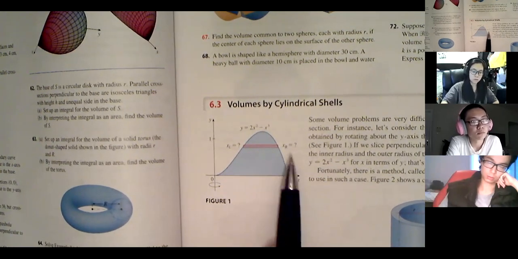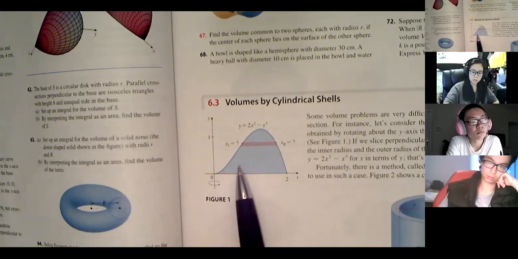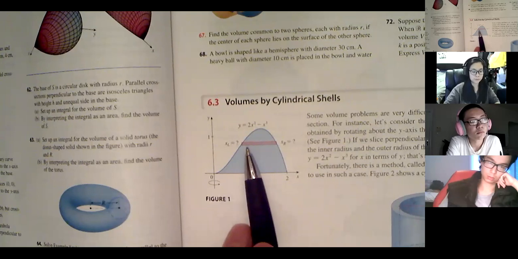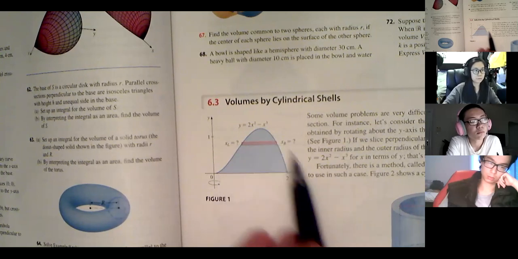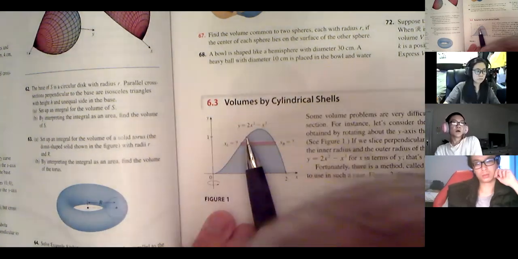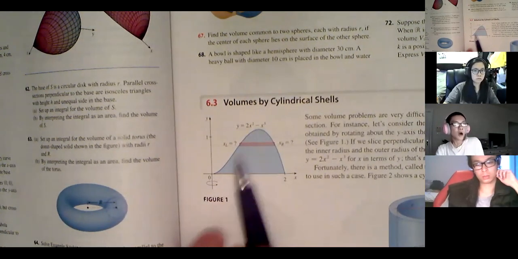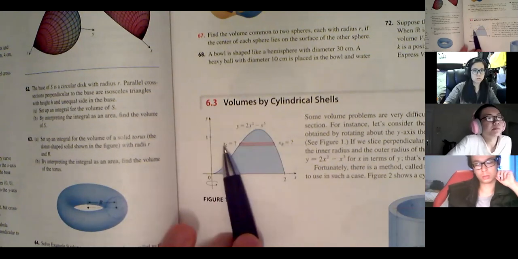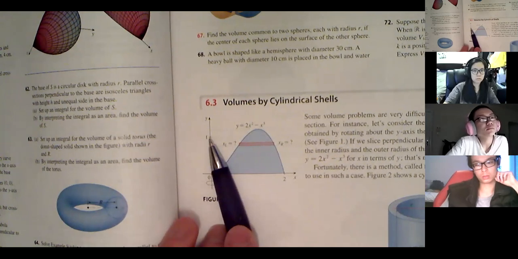Well, start off with this picture here. You don't have to write anything, it's all theoretical. Suppose I take this region, y equals 2x squared minus x cubed. That's not important, this is the shape. You want to spin it about the y-axis.